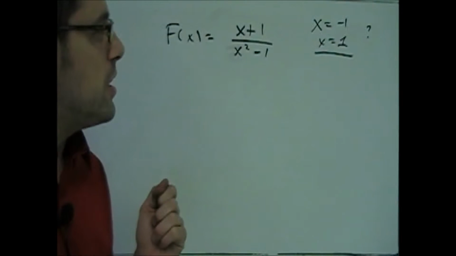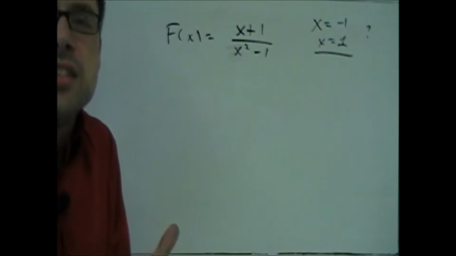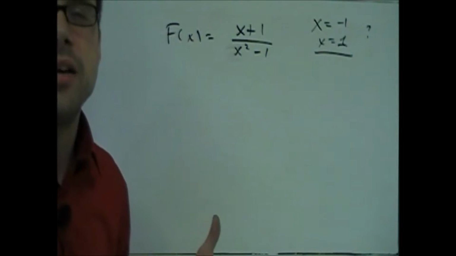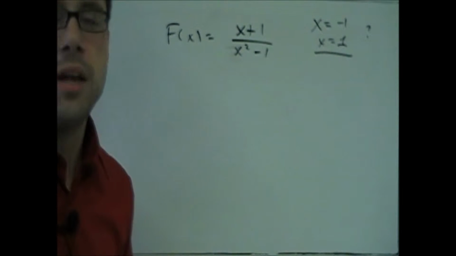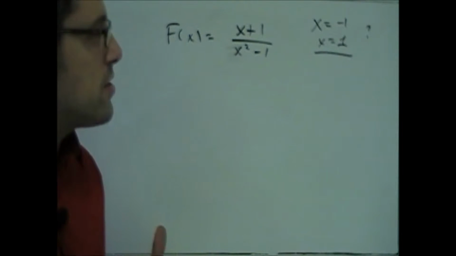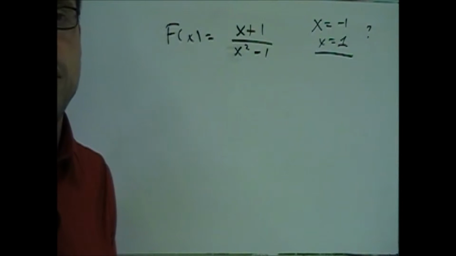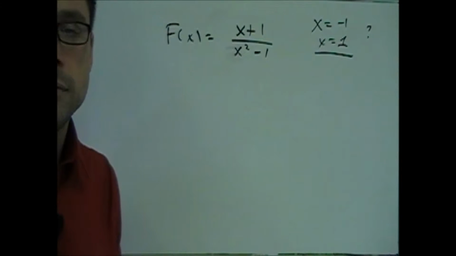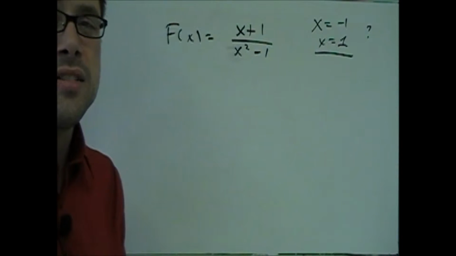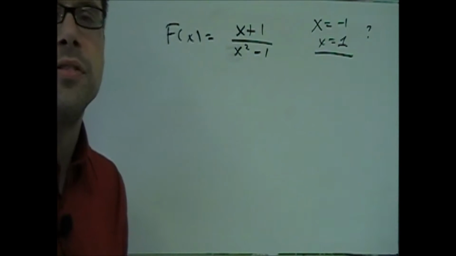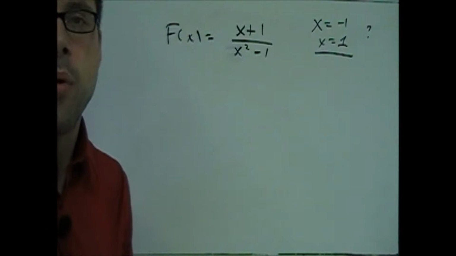However, I want to see how discontinuous the function really is at these 2 points. That gives me an idea of the behavior of the function. So I want to investigate continuity of this function near these 2 points that are not in the domain. And maybe if the discontinuity isn't so bad, I can make the function continuous by defining the function at some point, maybe.